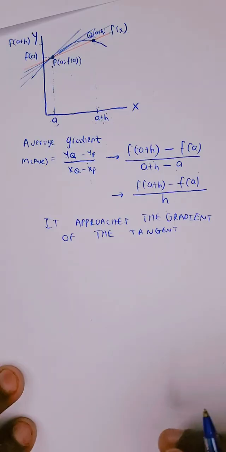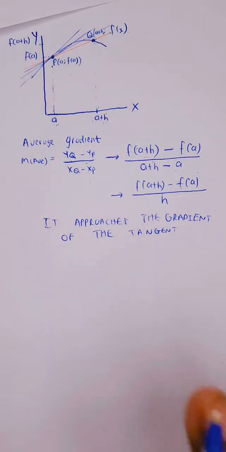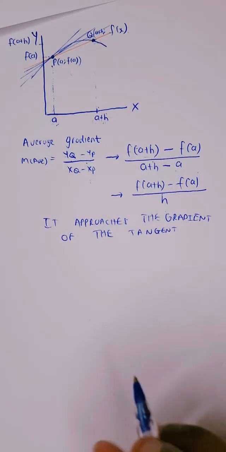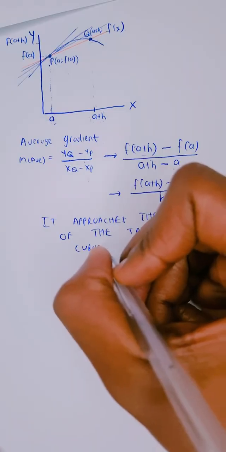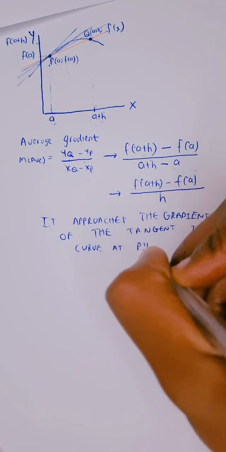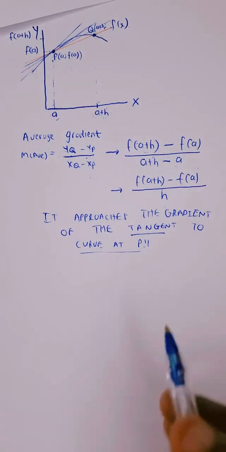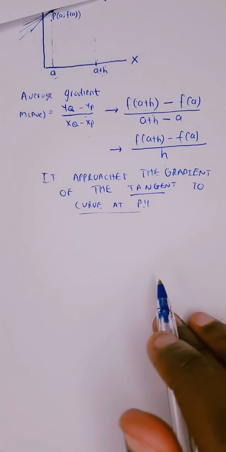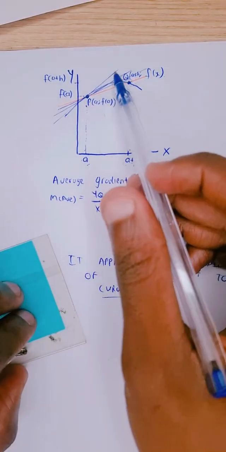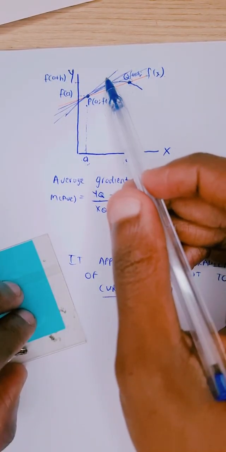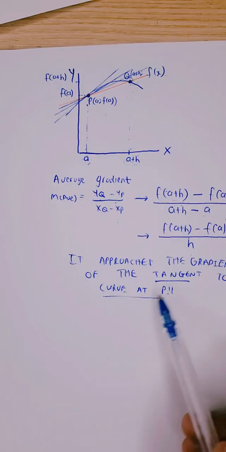It's almost as if the secant, as it approaches P, approaches tangency to the curve at P. It approaches the gradient of the tangent to the curve at P. That's what happens as Q moves. That's what you are seeing here, guys. These lines are an indication of the secant line approaching P and getting closer and closer to tangency at P.